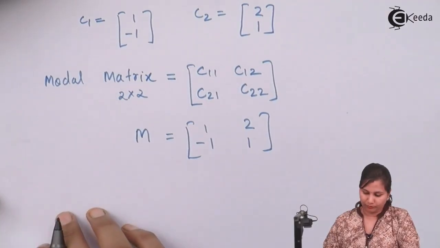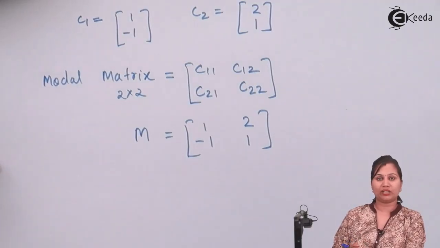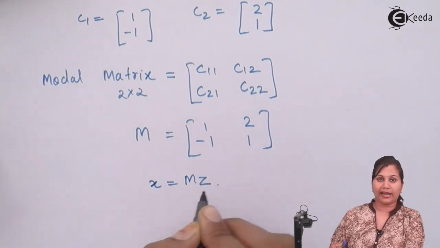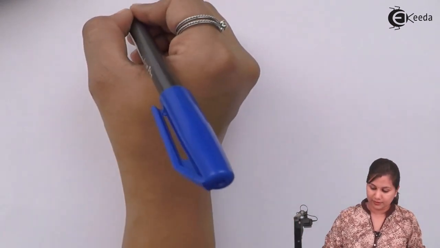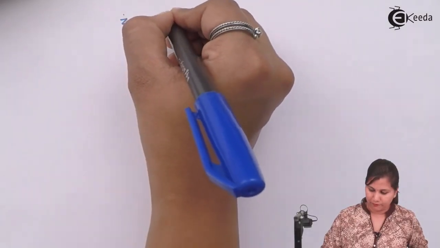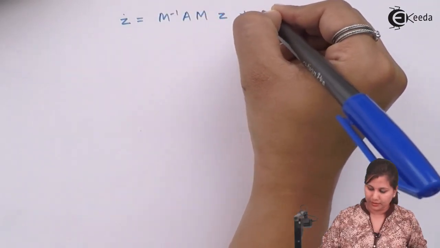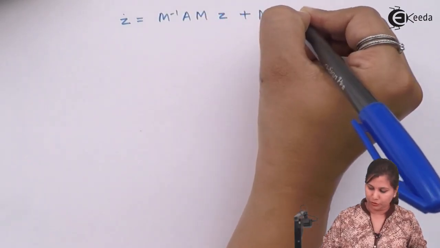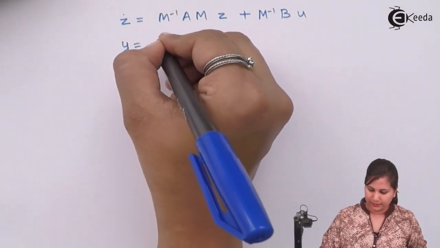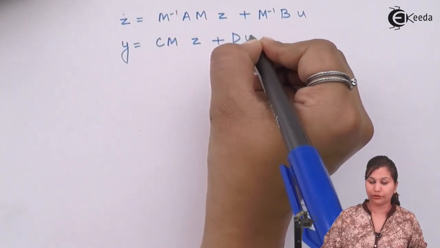So we have to find out, we know that when we are multiplying, we are taking the new state vector x equals to Mz, and our new state model was z dot equals to M inverse A M z plus M inverse B u, and y equals to C M z plus D u.